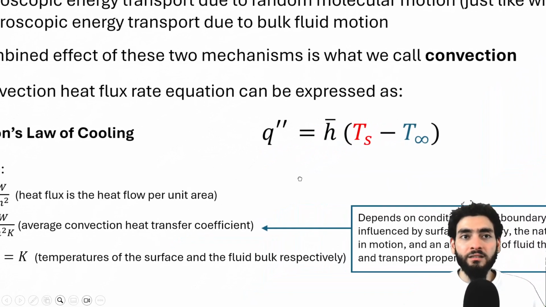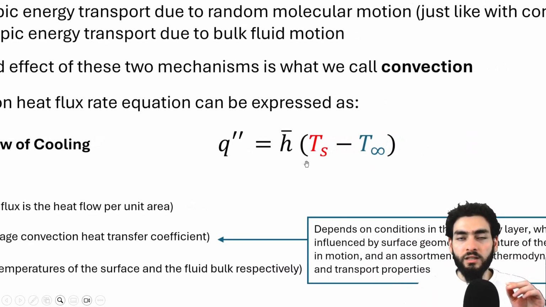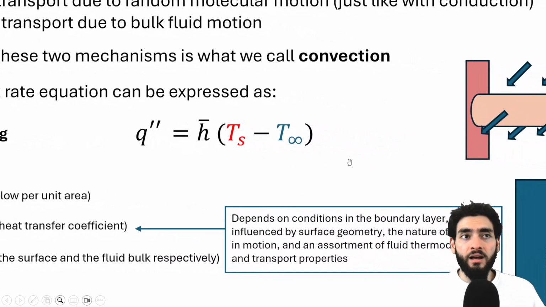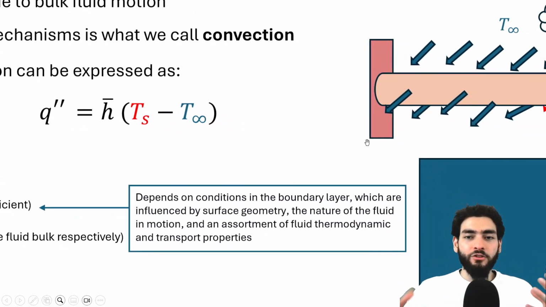And I'll slightly touch on what the convection coefficient is right now, but also when I talk about the boundary layer theory, I will dive deeper into this convection coefficient.